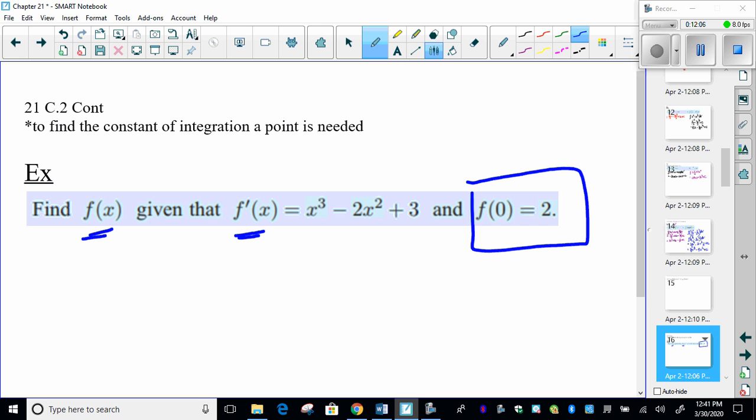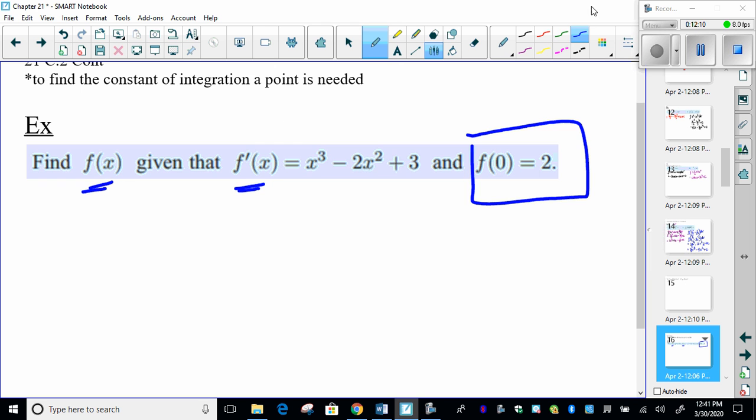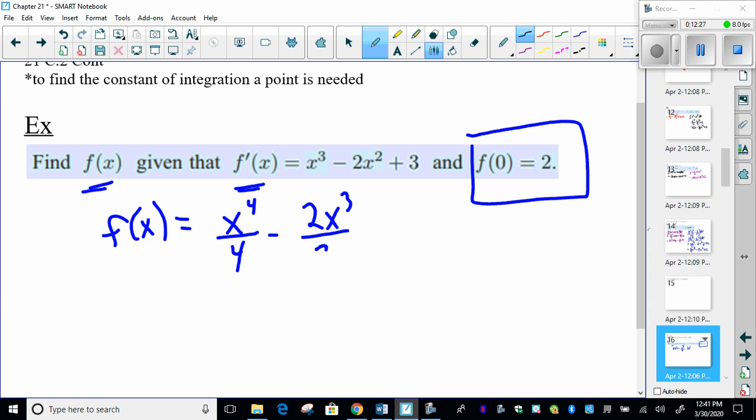So, starting off, I need to figure out what f of x is. Since I have my original function, I then know that f of x equals x to the 4th over 4 minus 2x to the 3rd over 3 plus 3x plus constant term.